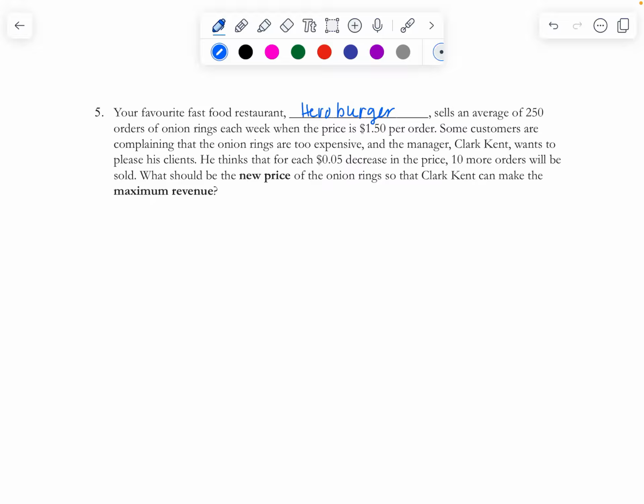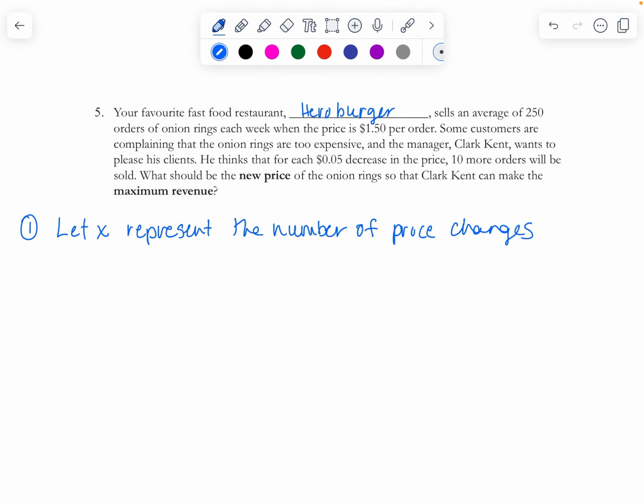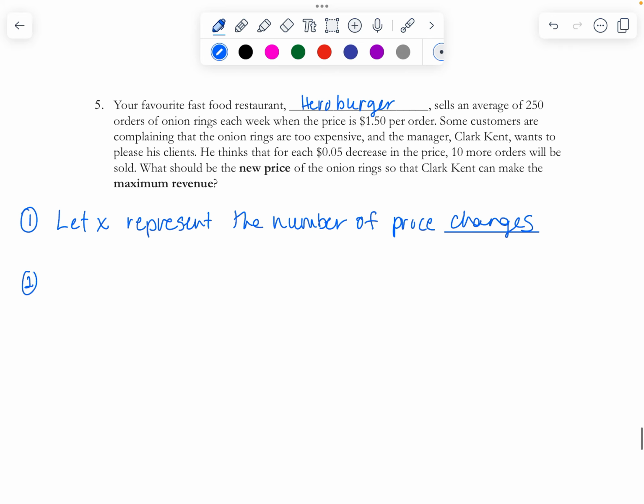Okay, so we said the first step is a let x represent statement. And we also said with questions like this, what we should do is talk about the number of price changes. Instead of talking about increases and decreases, if we just talk about price changes, we could use the same sentence every time we get a question like this. Okay, so step number 2 is to use our formula.